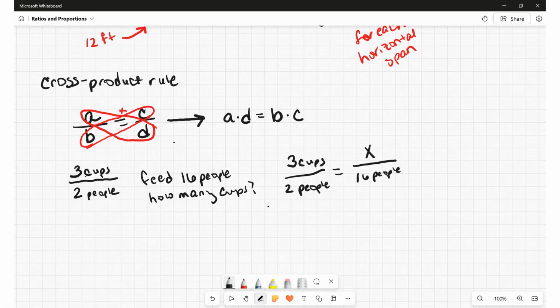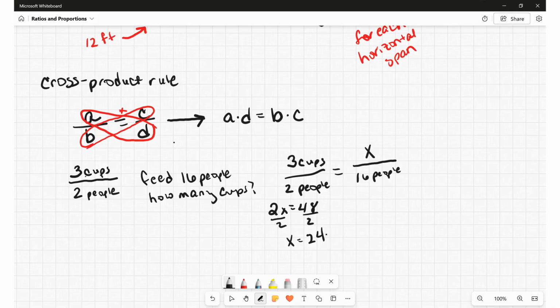So what we're going to do, we're going to cross multiply. And we're going to say 2x is equal to 48. So if you notice, all I did, I multiplied the 2 times the x and the 3 times the 16. Then if I divide both sides by 2, we get that x is equal to 24. So this means that in order to scale our recipe so that it would serve 16 people, we would need 24 cups of whatever this ingredient is.